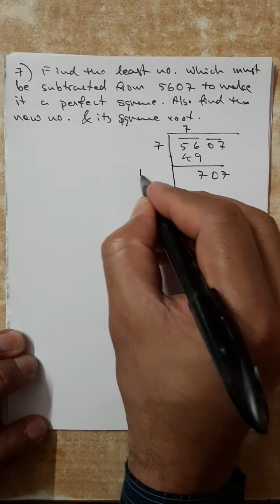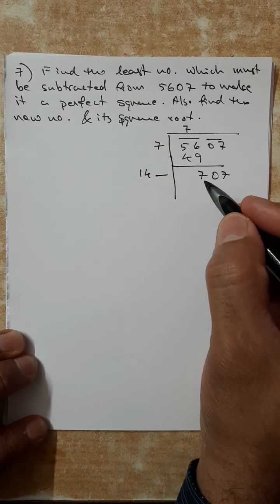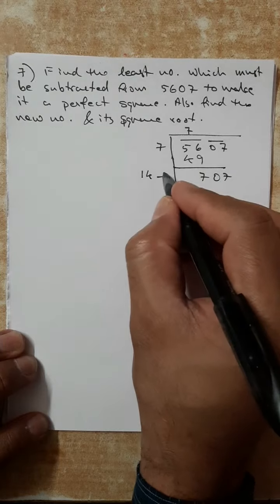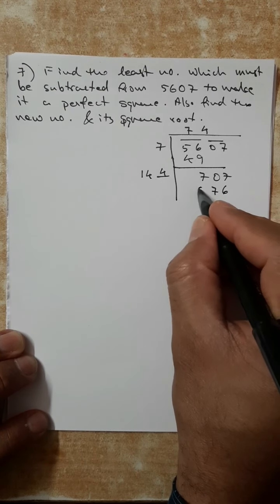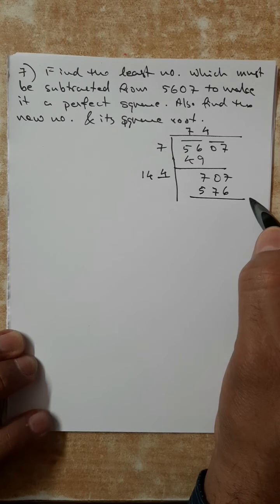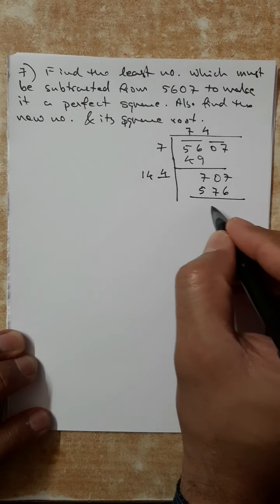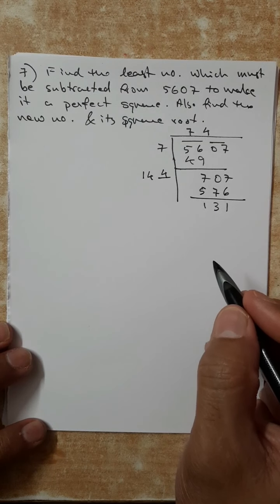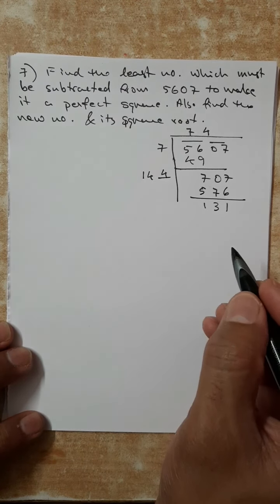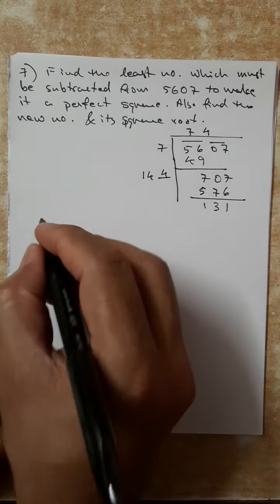007, 14. With the 14 we have to fill something. We can write a 4. 576. 131 balance. Now, what do we have to subtract? 131 we have to subtract.